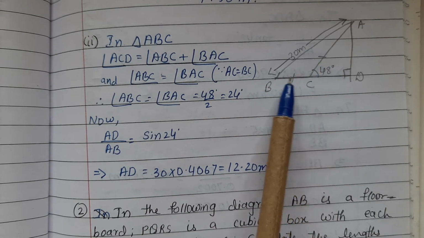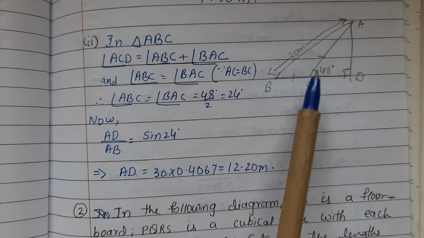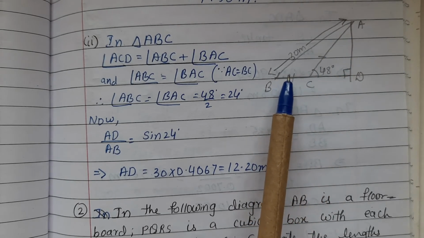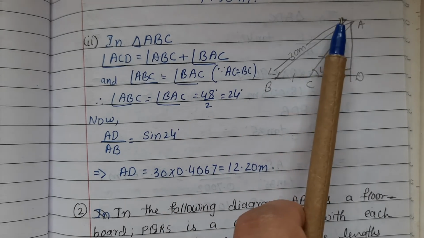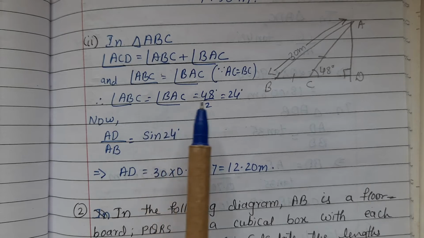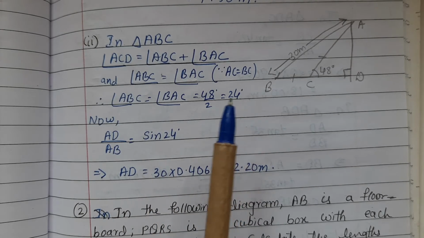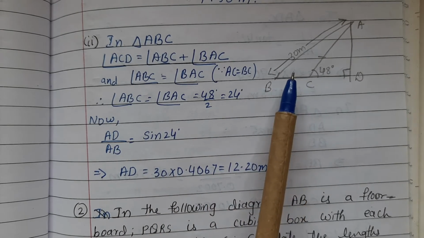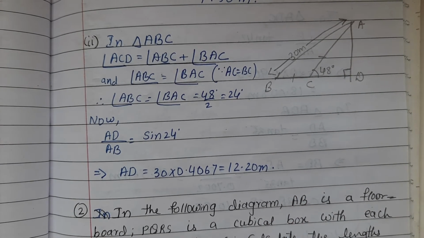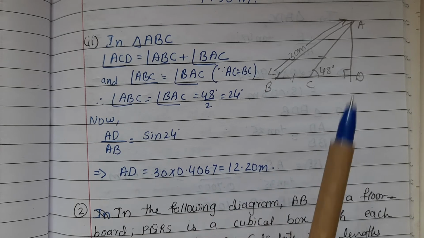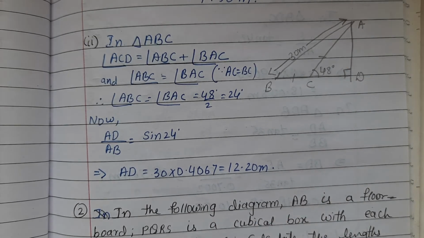Therefore, angle CBA is equal to angle CAB, because this plus this is 48 degrees, these two are equal. Therefore, each angle is 24 degrees. Now, sine 24 is AD upon AB. Therefore, AD is 30 into sine 24, which is 0.4067, equal to 12.20 meters. Therefore, AD is equal to 12.2 meters.